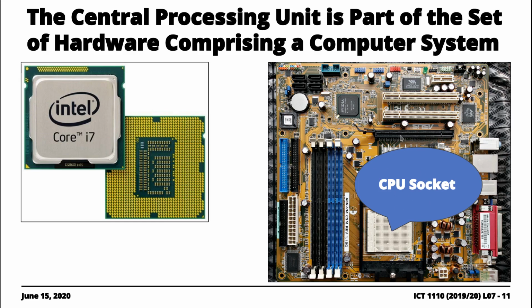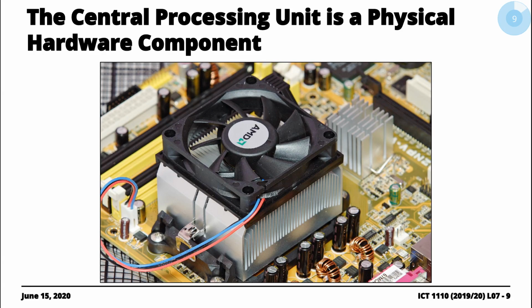So there is a slot that's referred to as a CPU socket, where the CPU sits, and it turns out that the socket where it sits really has on top of it what's referred to as a heatsink. Because the CPU performs a lot of computations, it heats up.